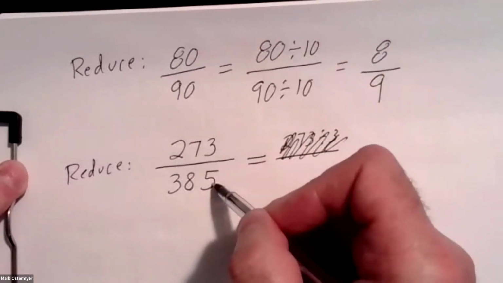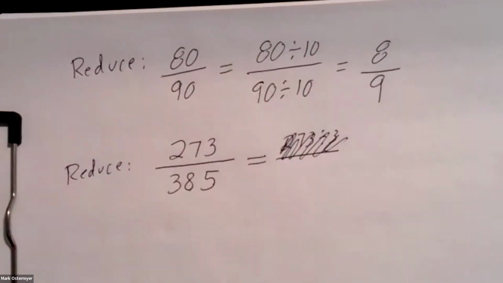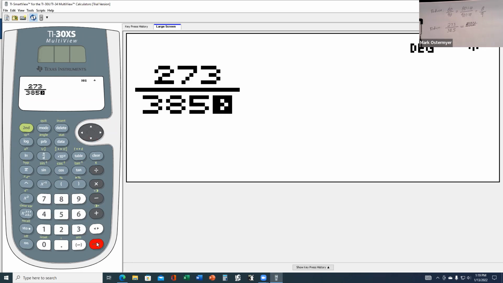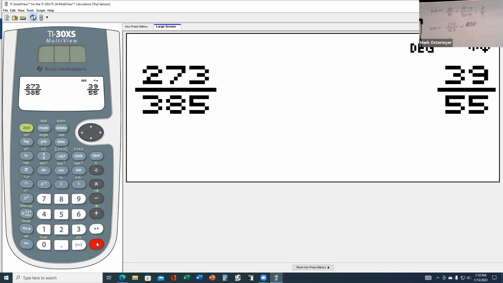Let's see. I don't think 3 is going to go in there. 273/385. Hit your fraction key again and type in 273/385. Hit enter, and you get 39/55.